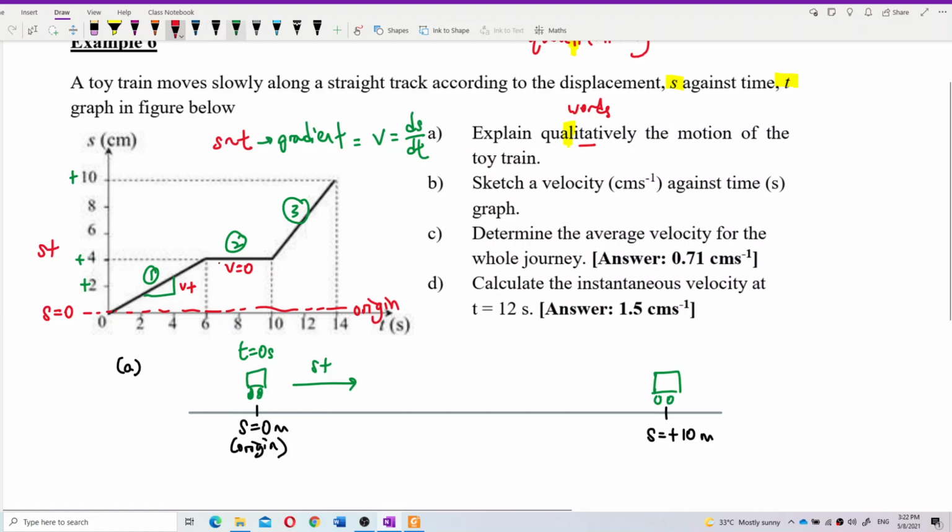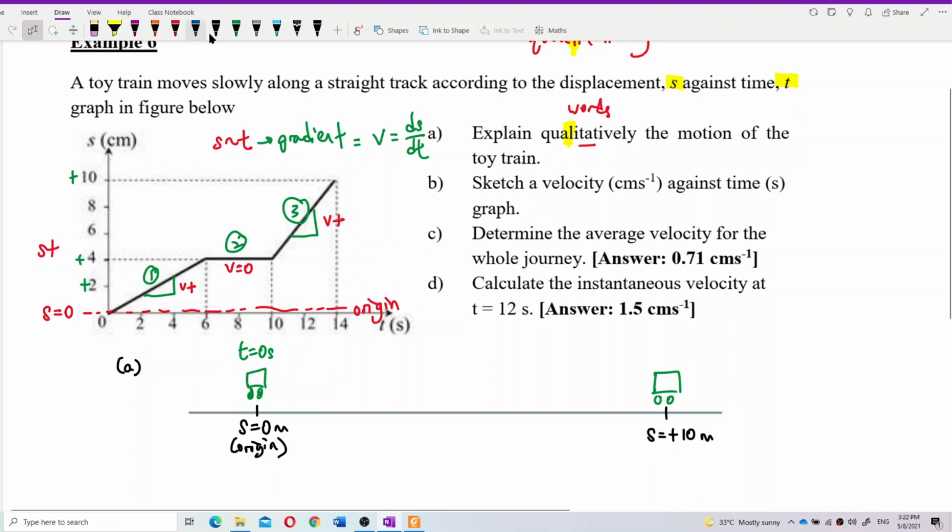Over here, the gradient is also positive, which means it's moving to the right. Velocity positive means it's moving to the right. So for the first stage, maybe I draw first. For the first stage, it is moving to the right until 4 meter.